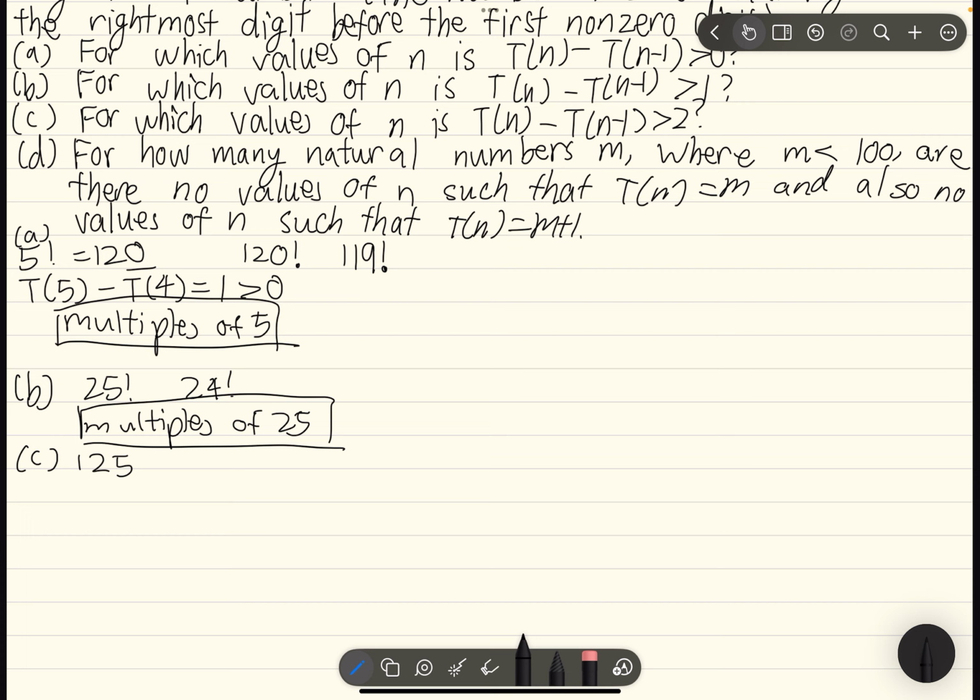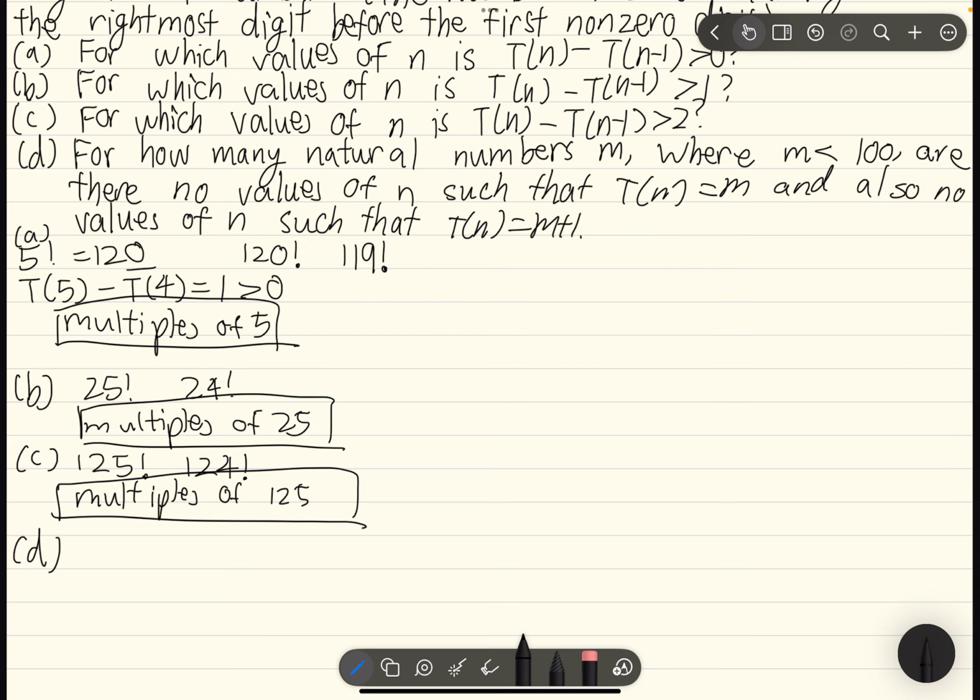So, for example, 125 factorial compared to 124 factorial, right? 125 is 5 cubed, so it has 3 more 5's in this factorial, which is 3 more pairs of 5 times 2's, which is 3 more terminal zeros. And hence the answer for this would be multiples of 125, right?